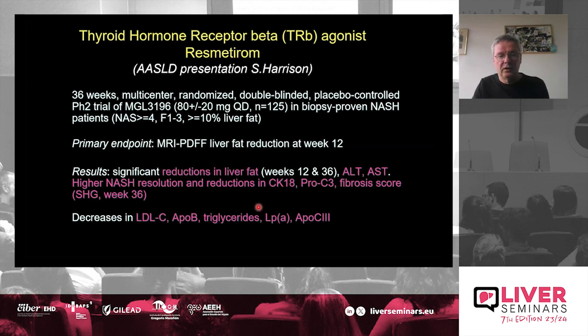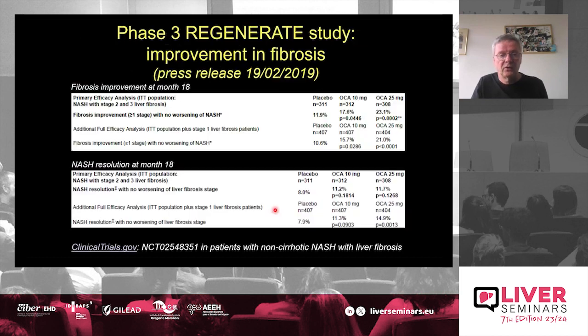And these TR beta agonists also, in addition to impacting on, for instance, liver fat and NASH, also have interesting impact on, for instance, lipoprotein metabolism by decreasing LDL cholesterol and ApoB and triglycerides and even Lp(a). And so this gives us the hope that this drug will also tackle the increased cardiovascular risk that is present in patients with NASH, as I mentioned in the beginning of my talk.